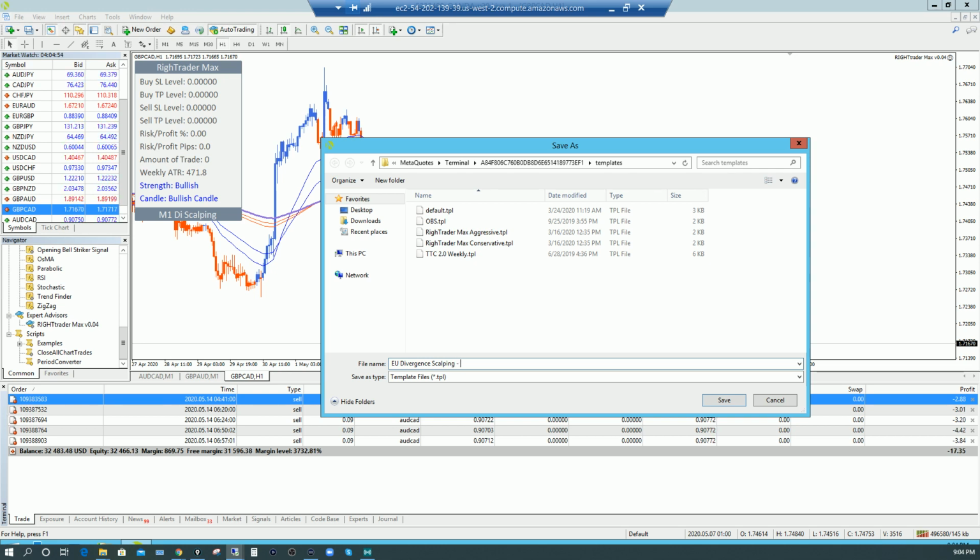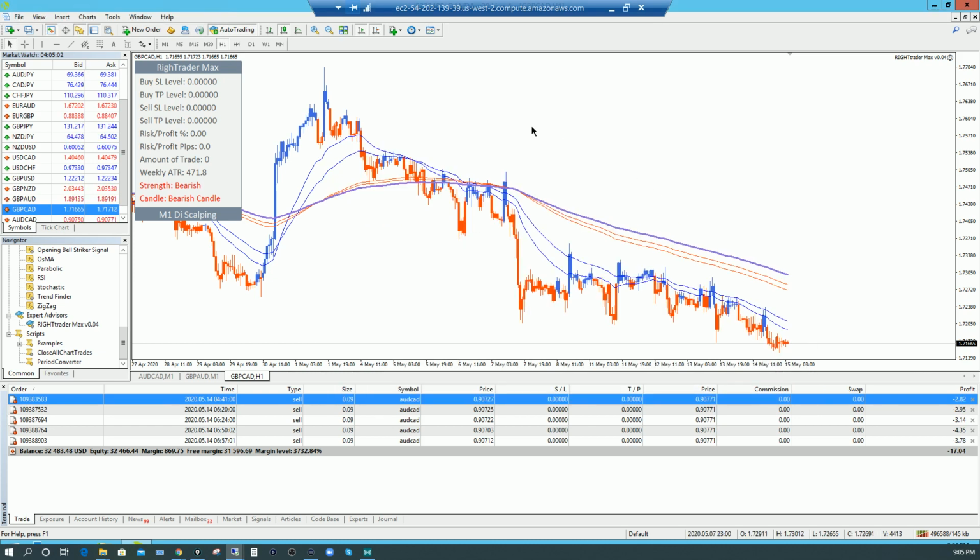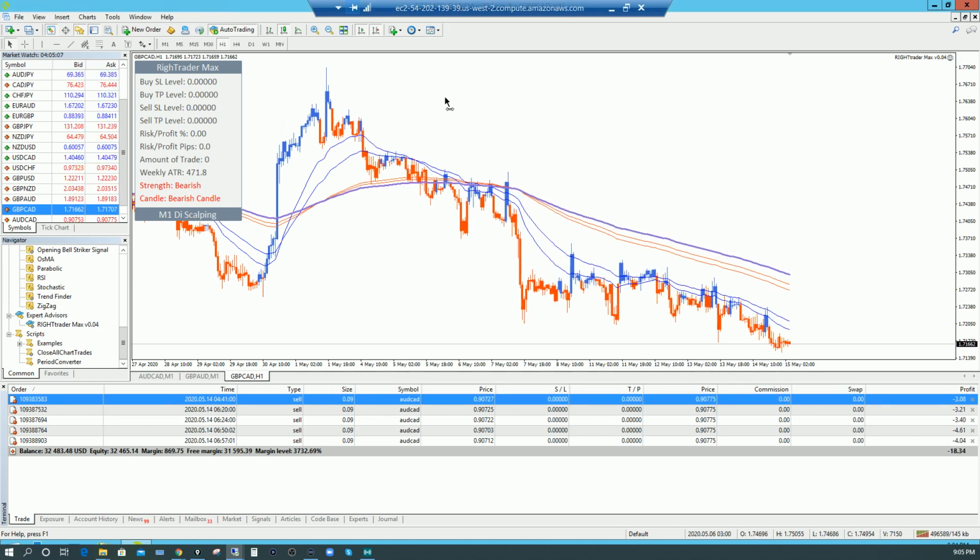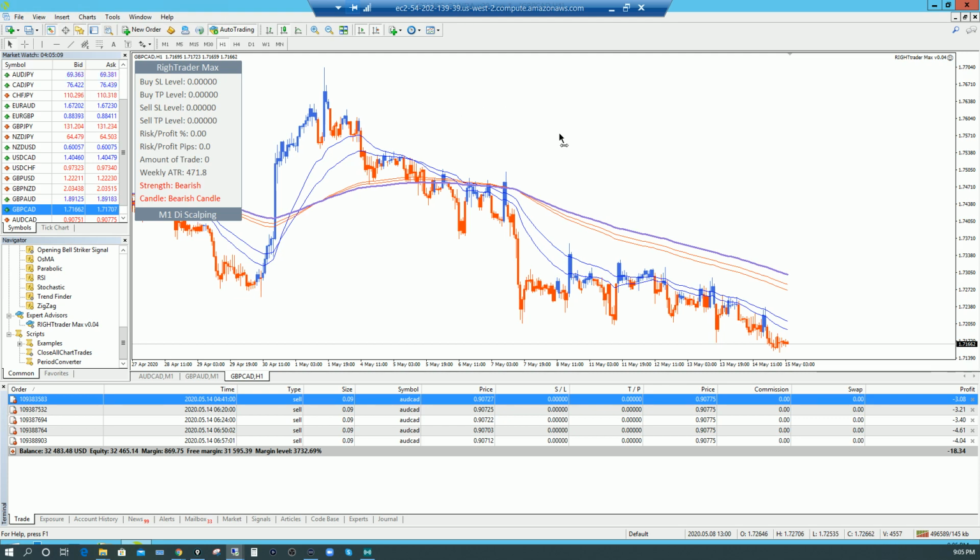And this is buying only. All right, buying only. Let's go ahead and save that. So now what I want to do is take a look here. So this is buying only.